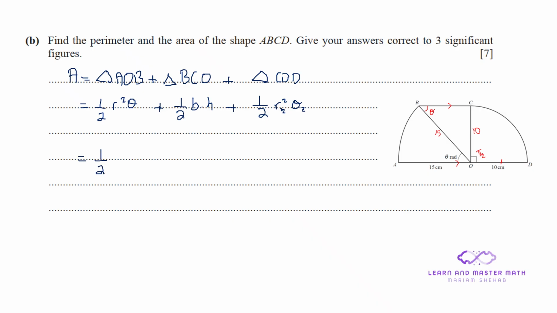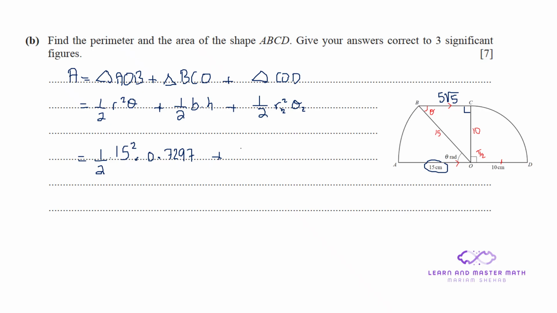We get half, the first radius is 15, so 15 power 2 times the first theta, 0.7297, plus the base and the height in the triangle, the base is BC, which we got as 5 root 5.